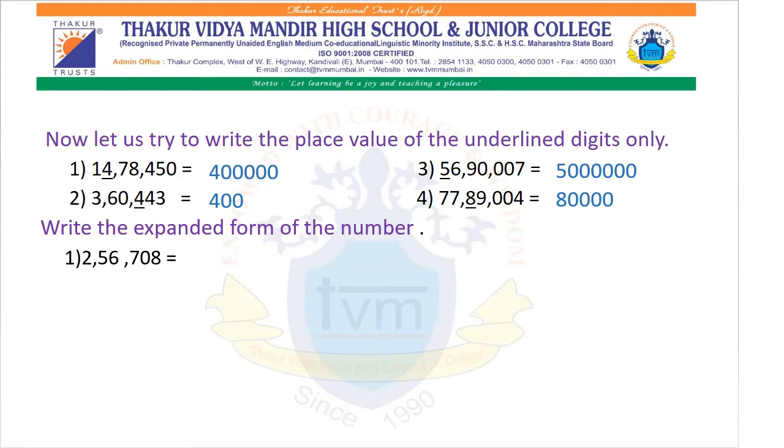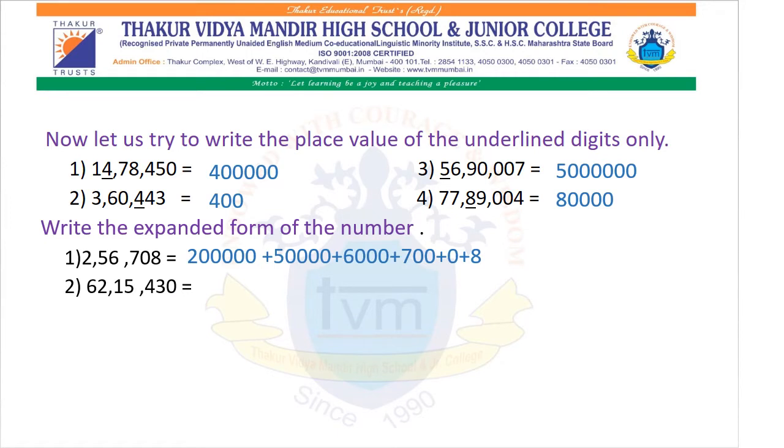So place value of 5 is 5 into 10,000, 50,000. 6 in thousand place, so 6,000. 7 in hundred place, so 700. 0 is in 10 place, so 0, and 8 in the unit place, so 8. So addition of all these place values together make our expanded form. Correct? So the expanded form is 2 lakh plus 50,000 plus 6,000 plus 700 plus 0 plus 8.